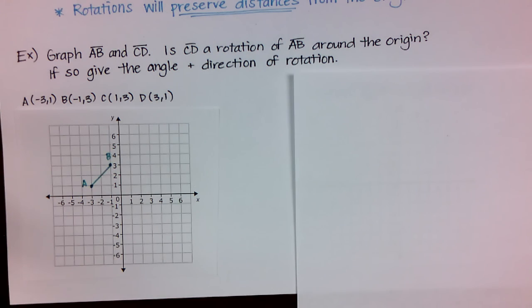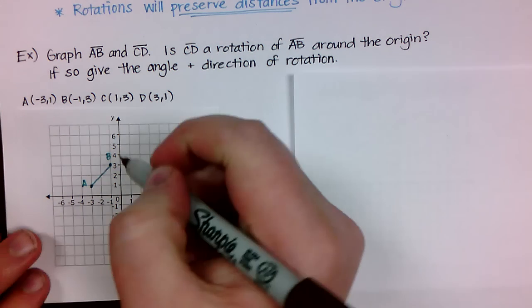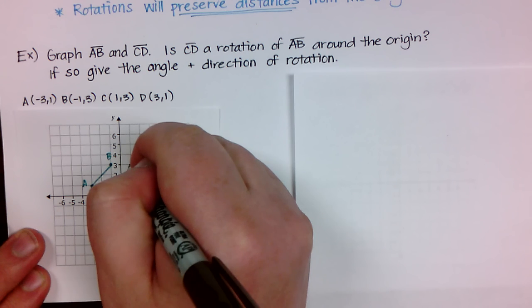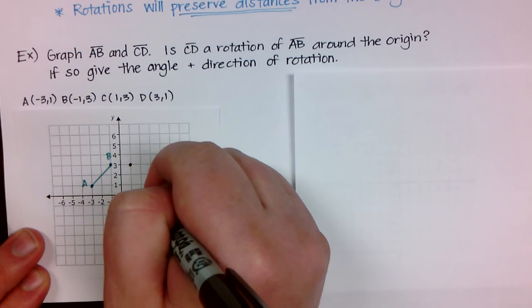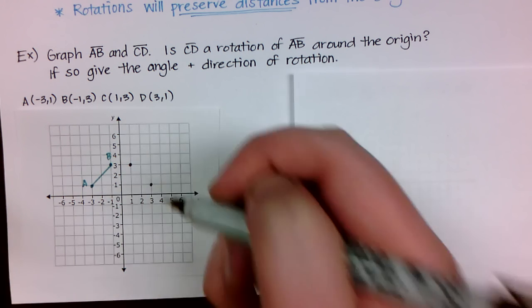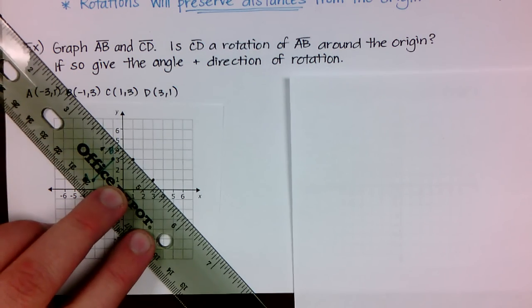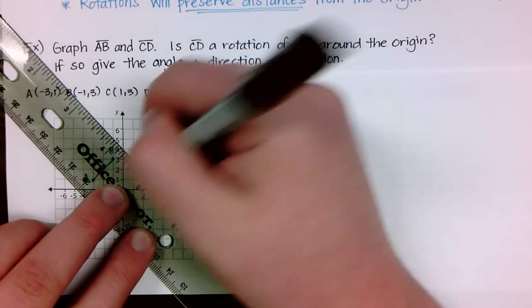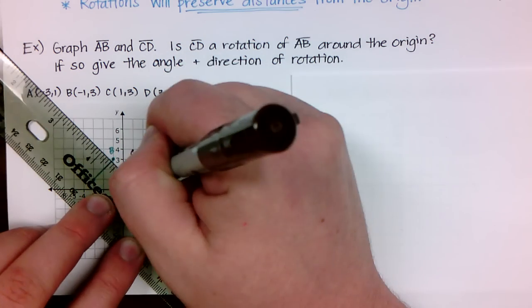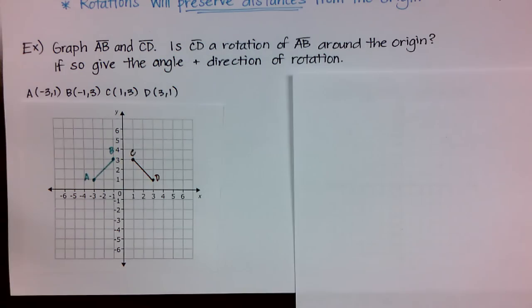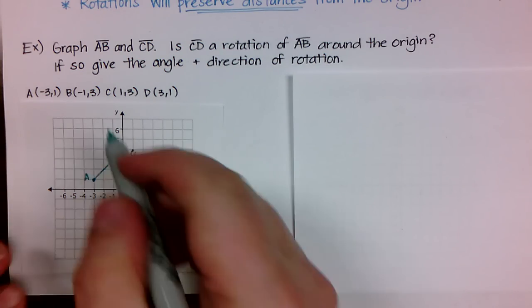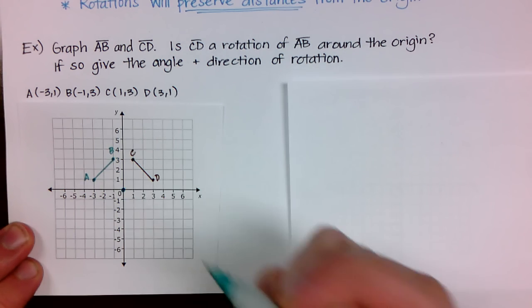And then C is 1 up 3, and D is 3 up 1. Okay, so let's ask ourselves, looking at this now, is it a rotation around the origin? Again, the origin's right here.